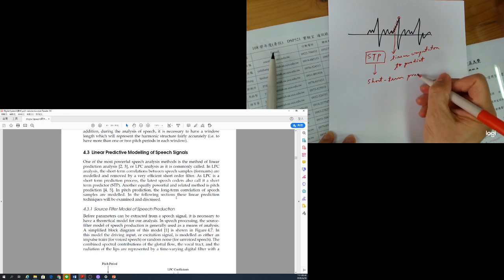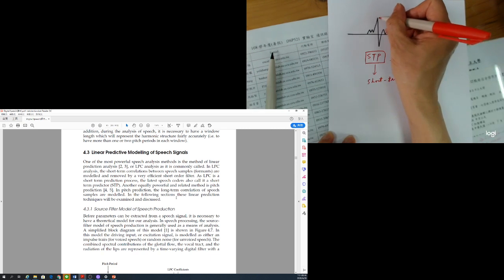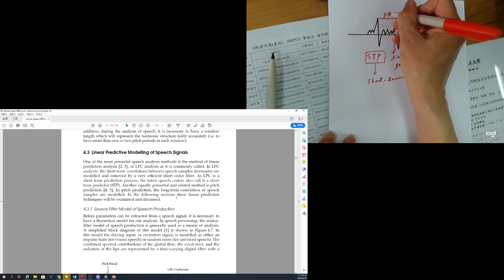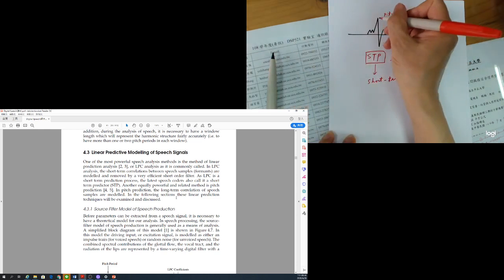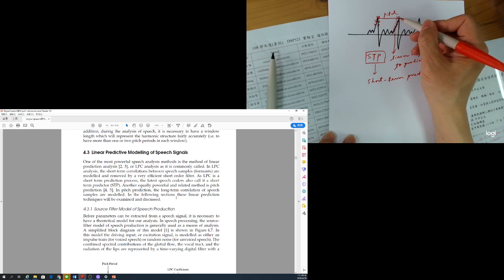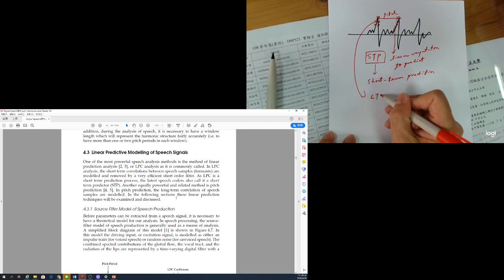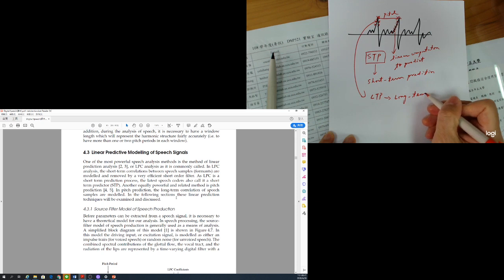Another one we call long-term prediction, because this point can also be predicted from far away, according to one pitch period. So this one is based on that point or its neighboring points, to try to predict this point. We call this long-term prediction, a long jump, a long step size.